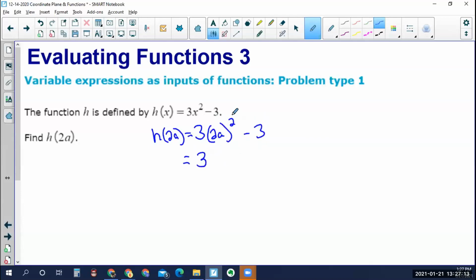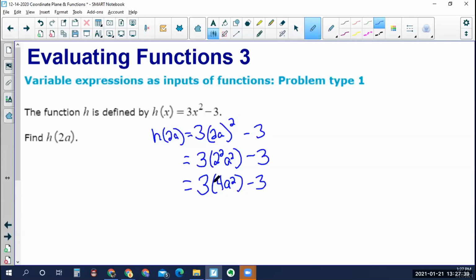Same kind of process. I have a product in parentheses being raised to a power, so I can raise each factor of that product to the power of 2. And in the next step, I can turn this into 4a to the second power. Desmos can be your check. Don't forget, if you're ever uncertain, just check it out in Desmos.